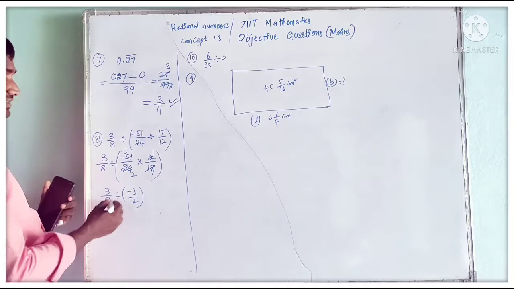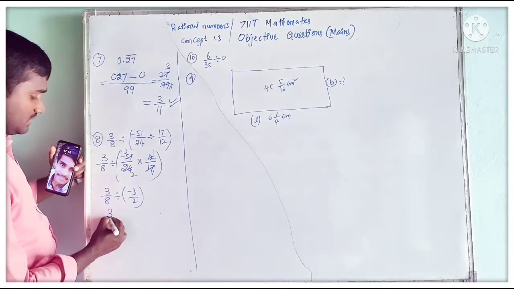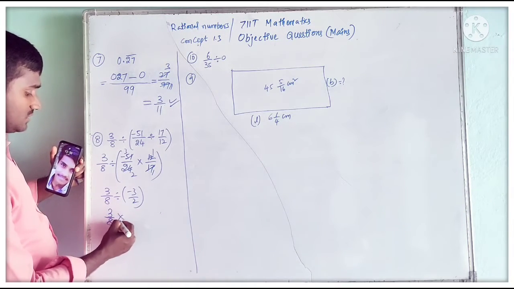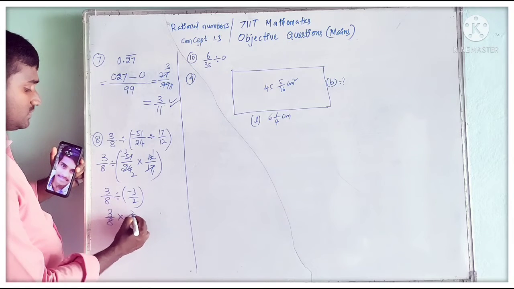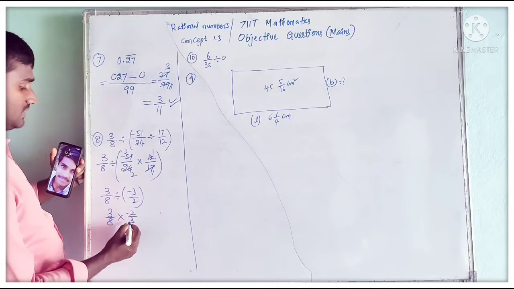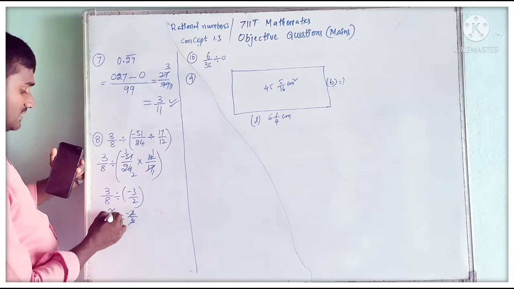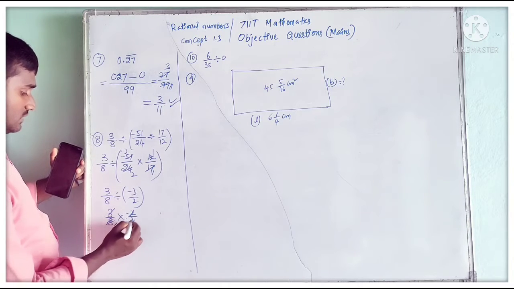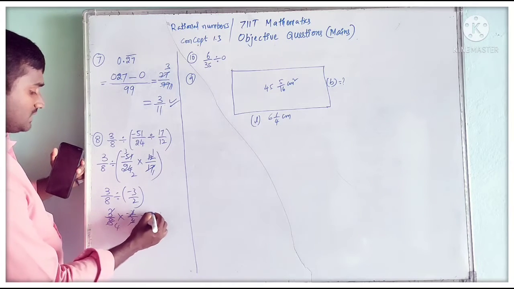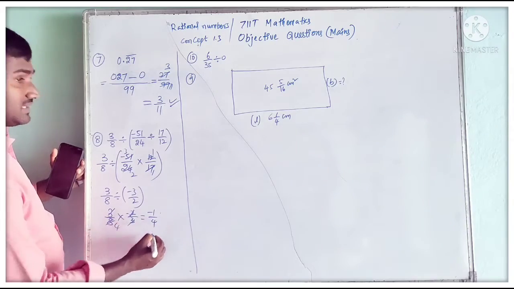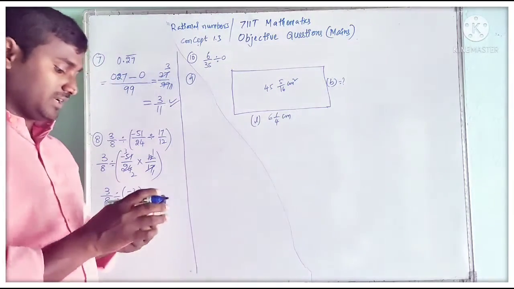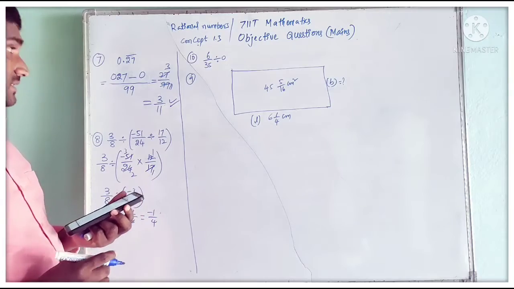Again we are dividing these two rationals, so it becomes 3 by 8 into minus 2 by 3. So 3 cancels, 2 ones are 2, 2 fours are 8. So minus 1 by 4 is the correct answer.